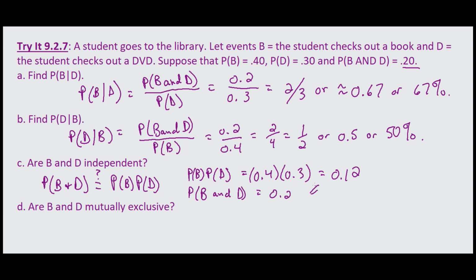So since these are not equal, we know that the answer to, are B and D independent, is no, and here's why. Now, are they mutually exclusive? Well, we're given that the probability of B and D, the probability of checking out a book and a DVD, is 0.2. That's not 0. So they are not mutually exclusive. The answer to that is also no.